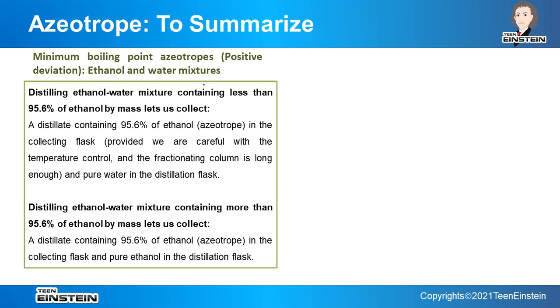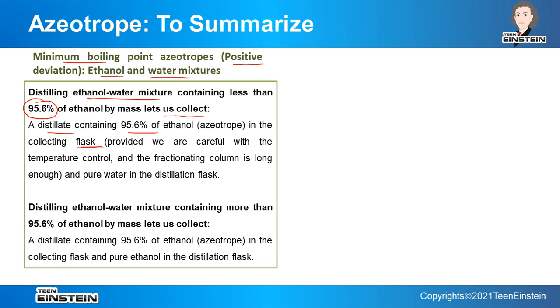So now we will summarize the result. For the first example, that is ethanol and water, which is basically arising because of positive deviation, that is why the boiling point is minimum. So if you are distilling an ethanol water mixture containing less than 95.6% of ethanol by mass, then it will give us the opportunity to collect a distillate containing 95.6% of ethanol in the collecting flask.